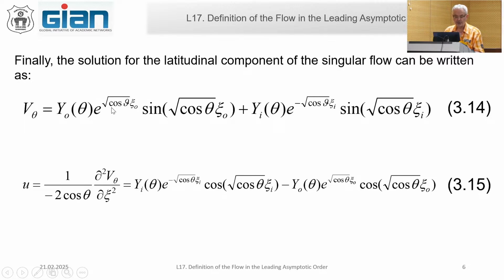With this plus sign, how we define this xi O allows us to diminish this term when we are well outside the boundary layer, because this is an exponential dependence divided by the small Ekman number.